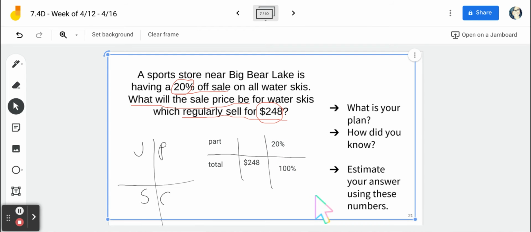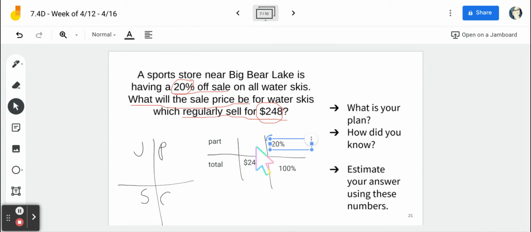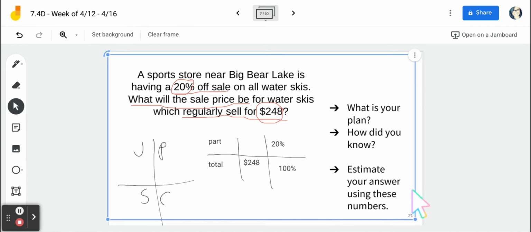Now, there's two different ways I could do this. I could solve for 20% of this cost and then subtract it off of 248. I could also solve for 80% of the cost, and that would be my final answer. So I'm actually going to show you both ways and show you that either way, you can do the step at the beginning or do the step at the end. You're still going to end up with the same answer.